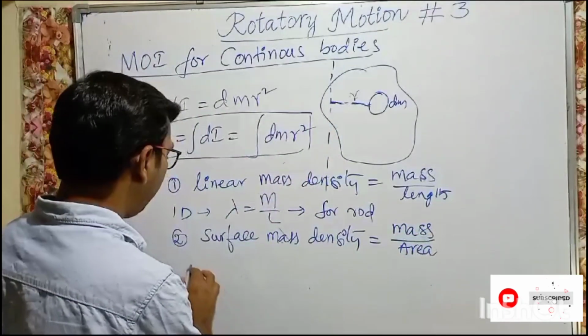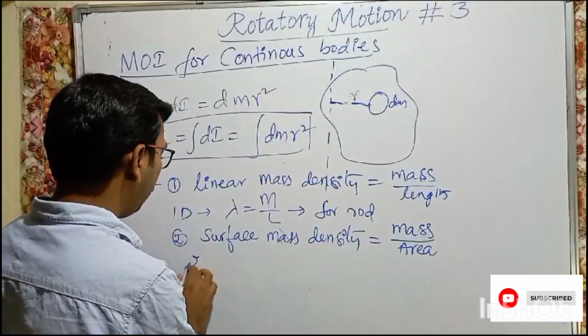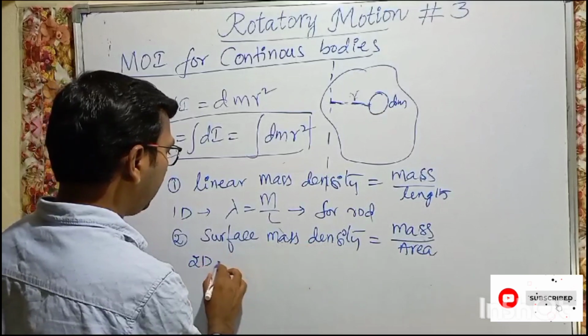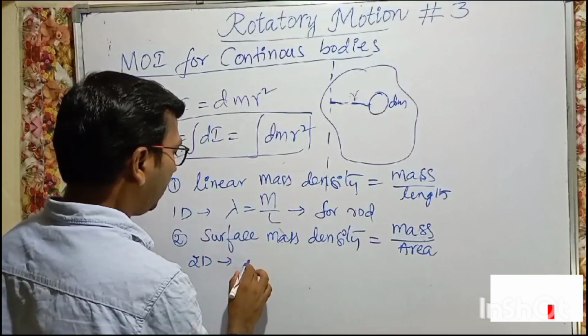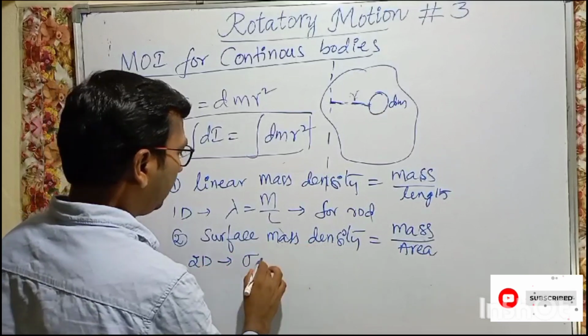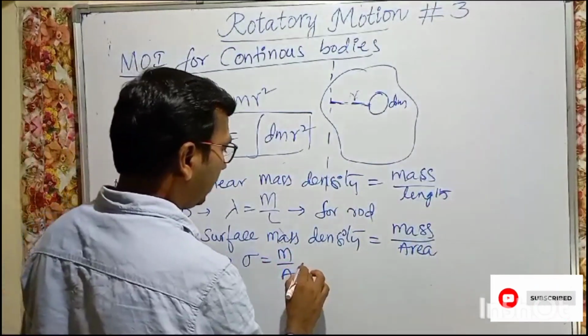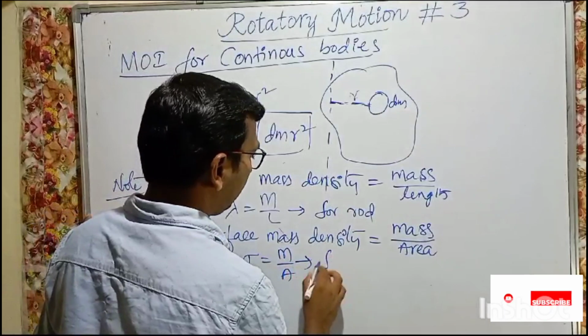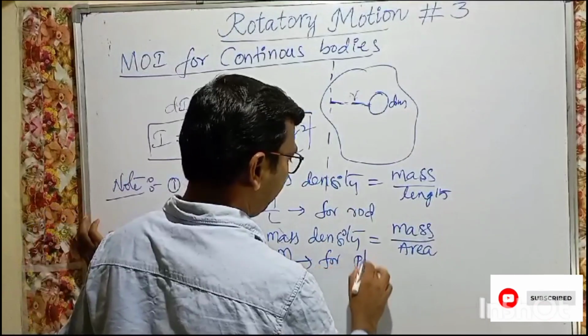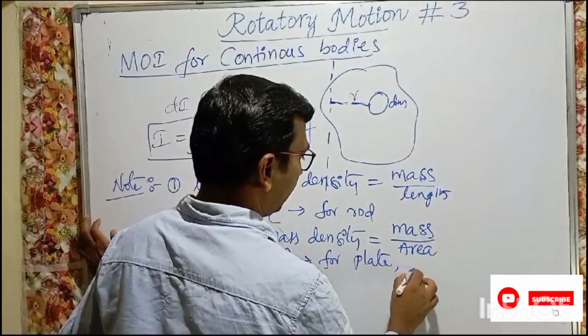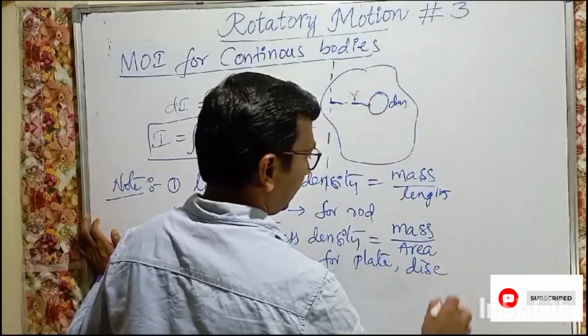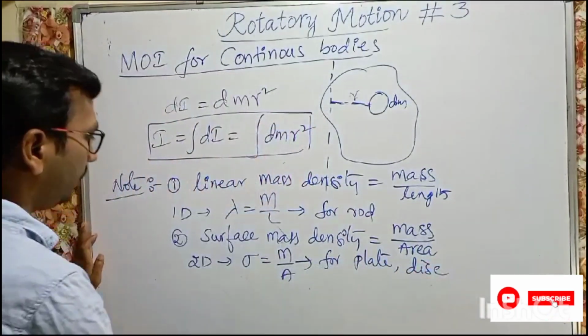We can use this one for two-dimensional bodies. So surface mass density, we can write sigma is equal to m by area. This is for two-dimensional bodies, for disc, etc.